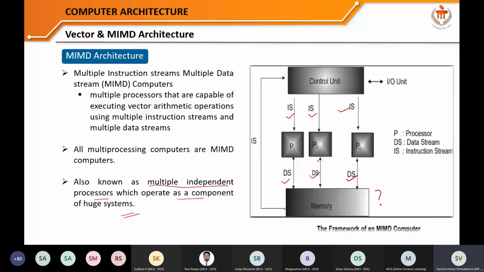So if you have multiple processors like P1, P2, and you have the cache memory. What is cache memory? The fastest memory that is very close to the processors, right? So you have the cache memory, and you have a bus, and you are using a variable in shared memory.